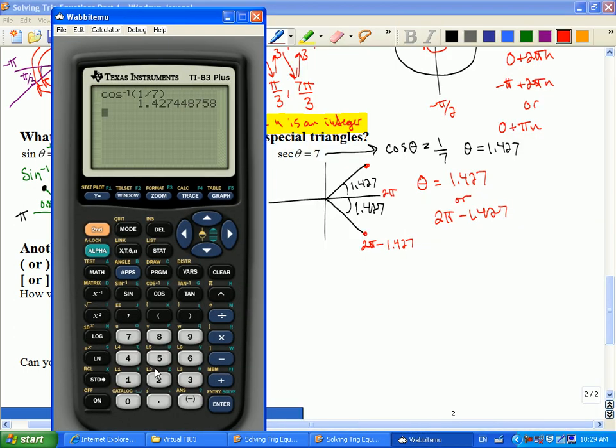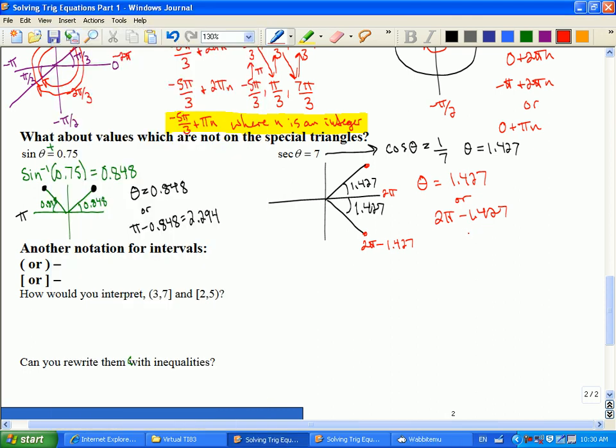Okay, so 2 pi minus 1.427. Okay, so that's 4.856, we'll call it. Okay, so those are my 2 answers using the calculator instead of special triangles.